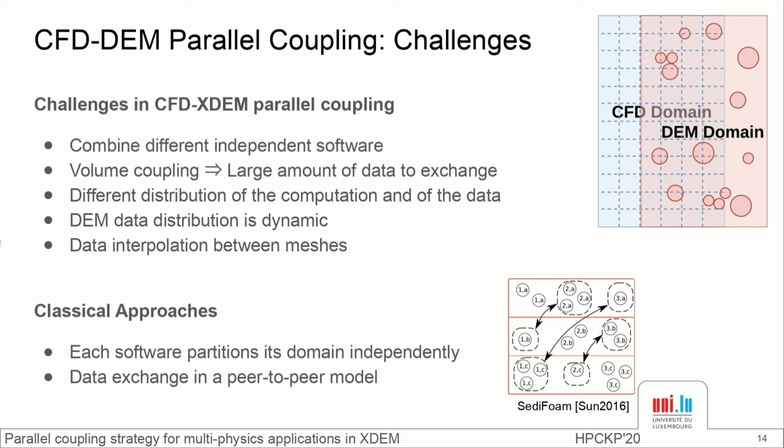Finally, we have different types of meshes between the CFD and the DEM domain, so we will need to do some interpolation. In the classical approach in the literature to do CFD-DEM coupling, each software is partitioned independently and then the data is exchanged between the CFD and the DEM in a kind of peer-to-peer model.